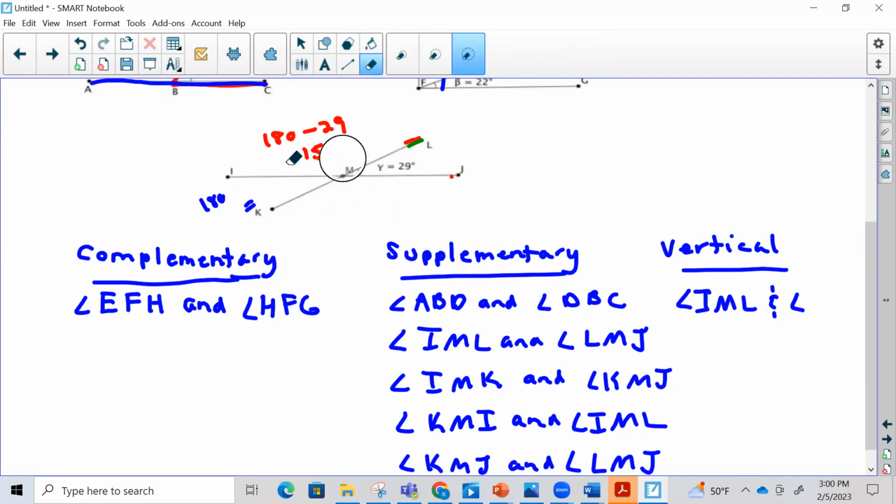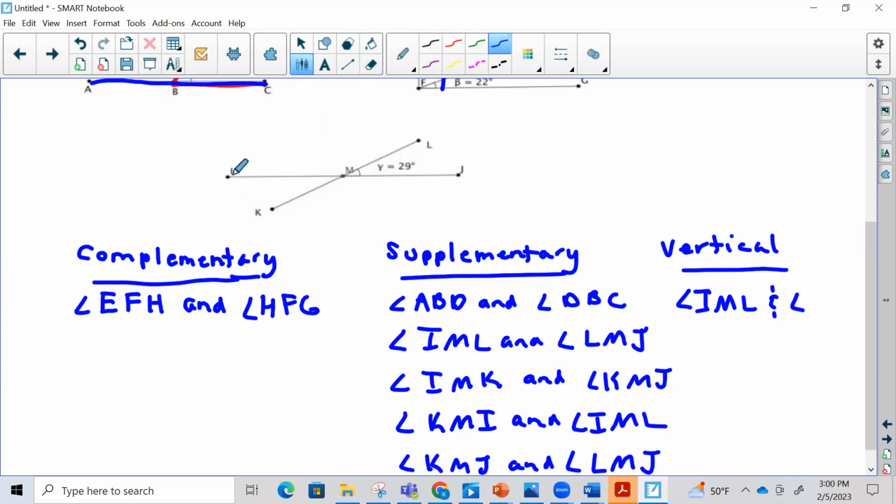And then across from it would be IMJ. So this angle and this angle are vertical.